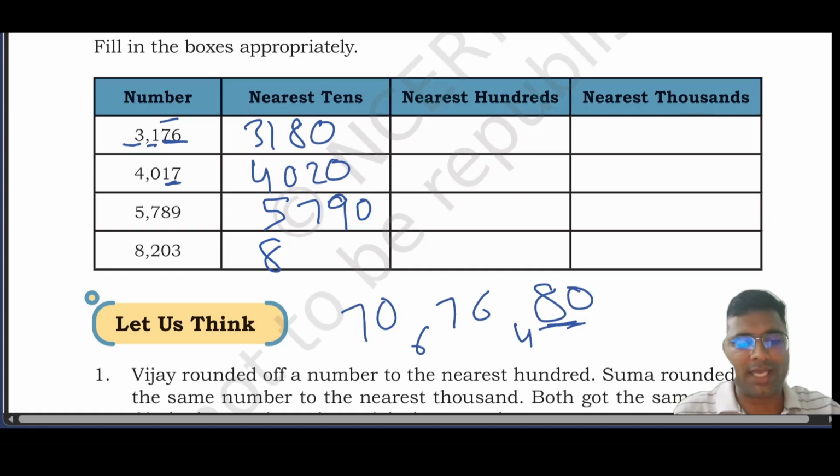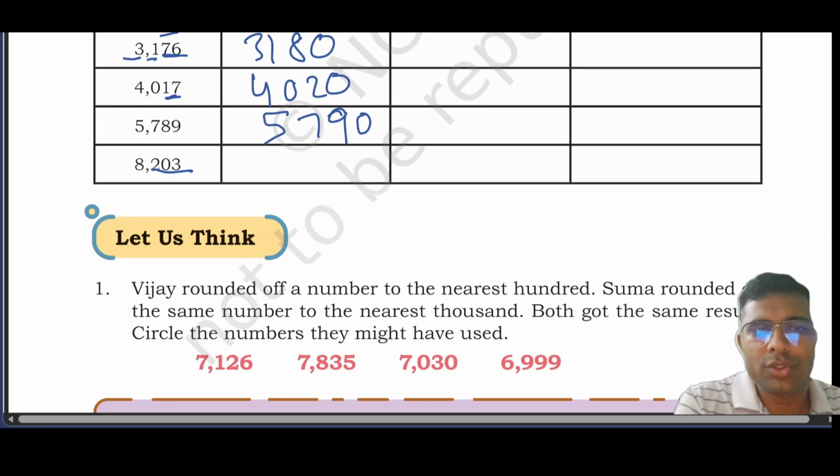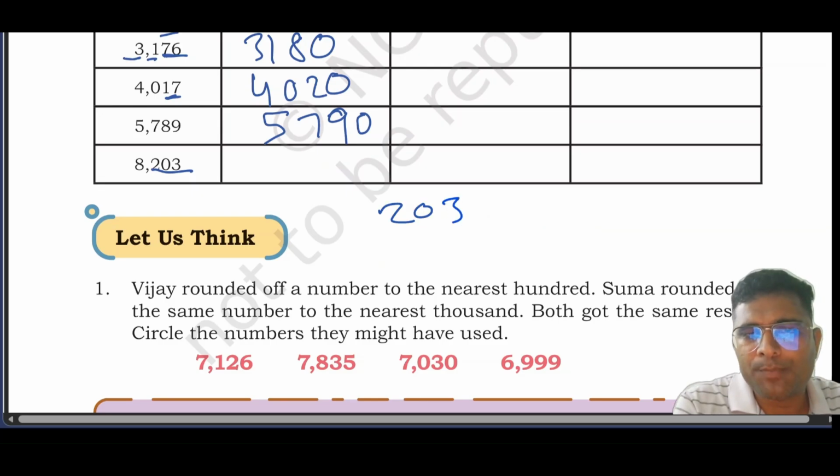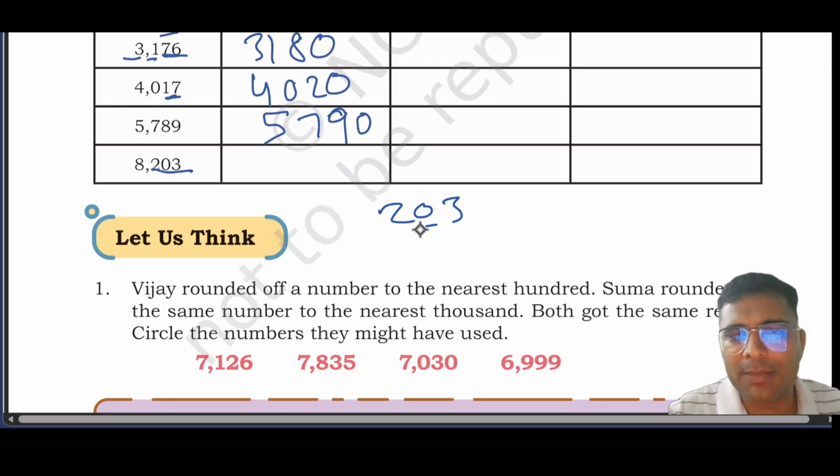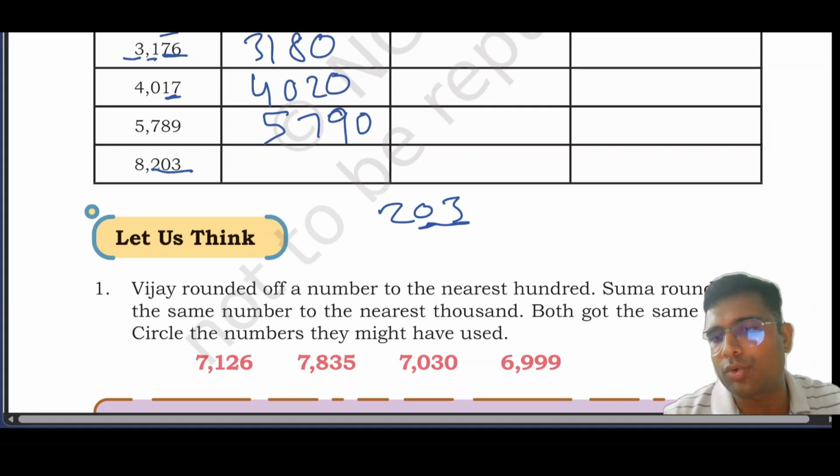Okay, this is very interesting, bachcho. So in 203, bachcho, as you can see, at place of tens it is 0, so the number is 3 total. So for 3 we have two options for tens, one is 00, the other one is 10.